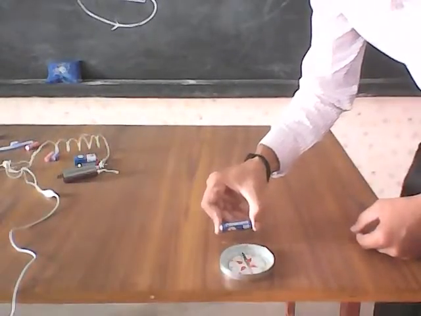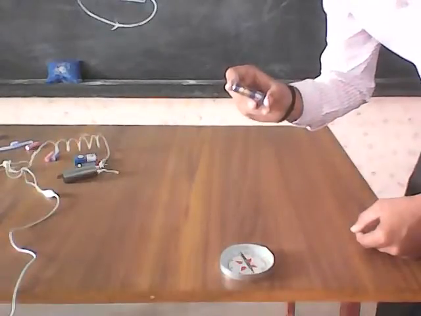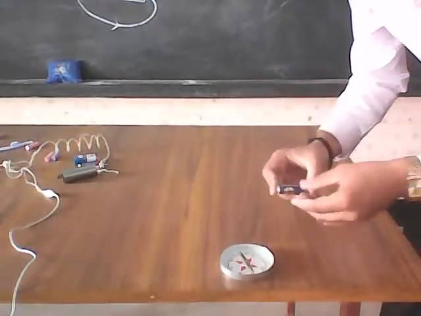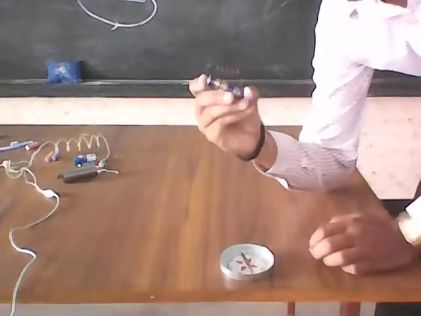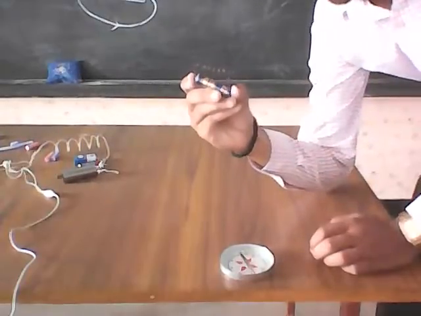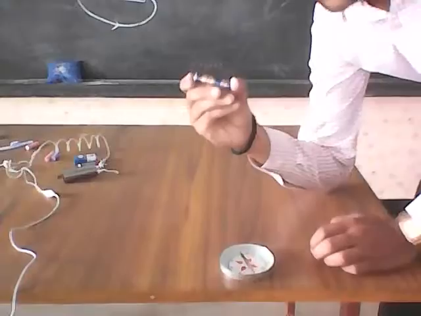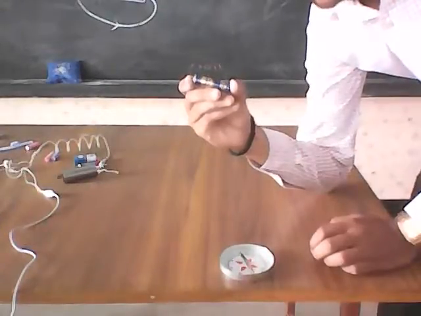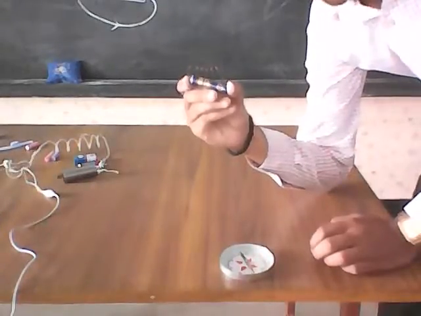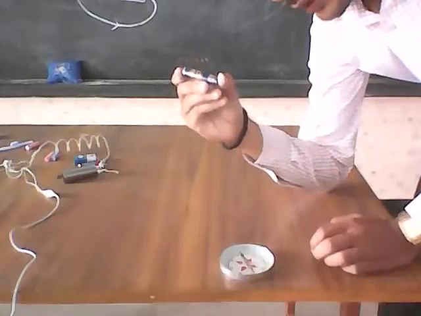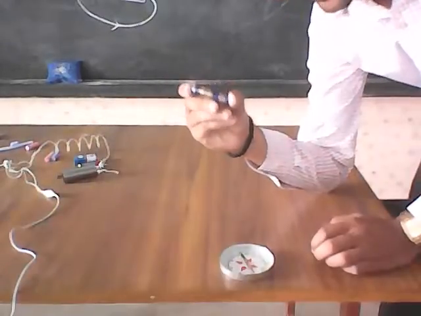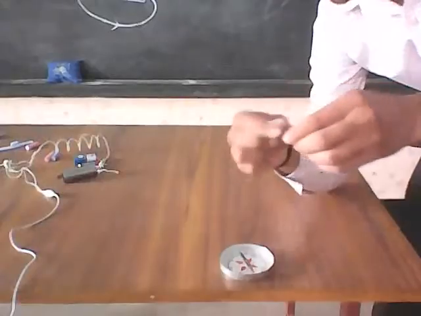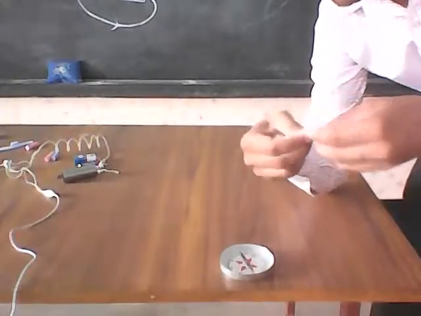Are you seeing the deflection? So it means that this is definitely producing a magnetic field. Now we can identify whether it is a north polarity or south polarity. Yes. So when you see this thing, right?